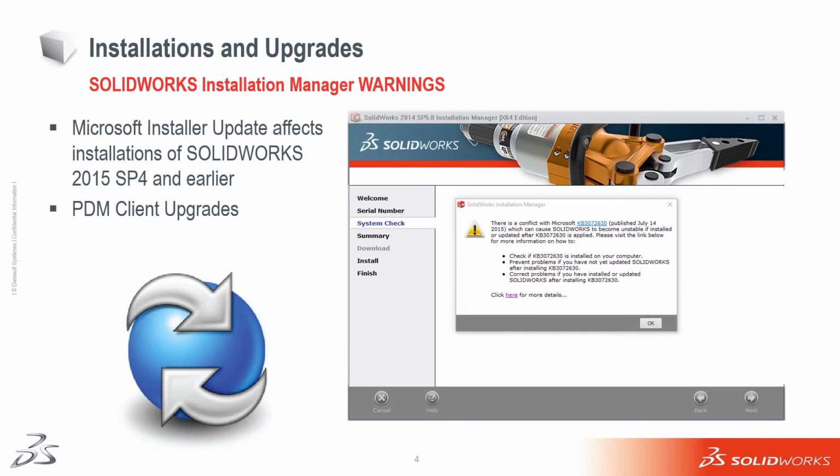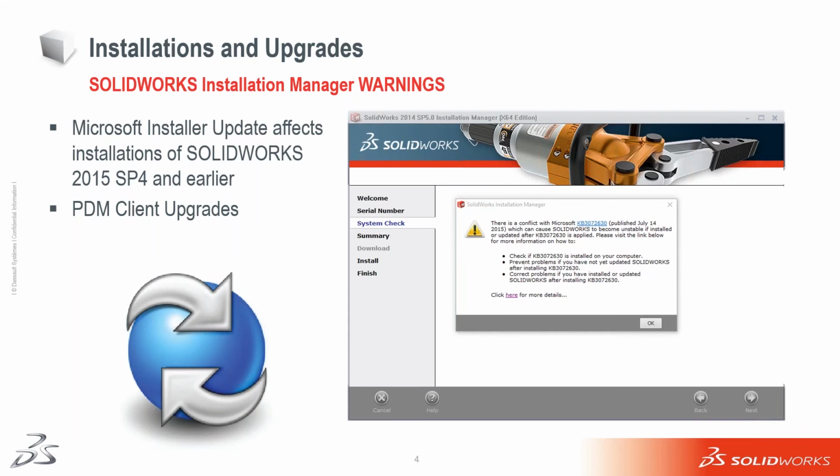So if the IT department or the CAD admin has not upgraded the PDM server from SP1 to SP4 yet, you'll need to keep your PDM client on SP1, and it's okay to go ahead and upgrade the rest of SOLIDWORKS to SP4. Now that's done on the product selection screen, and you can go in and just deselect PDM client during the installation.